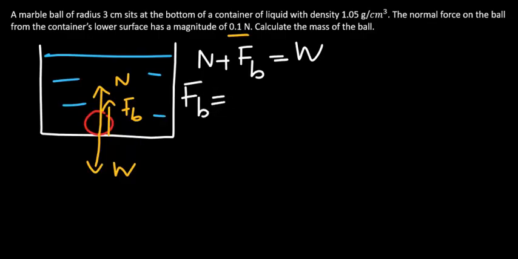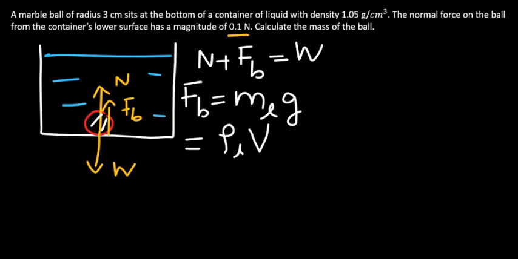According to Archimedes' principle, the buoyant force equals the weight of the liquid displaced by this ball. So the mass of the liquid displaced times gravity. The mass of the liquid displaced equals the density of the liquid times the volume of the liquid displaced. In this case must be the same as the volume of the ball times g.